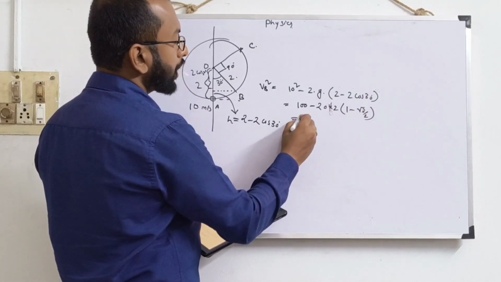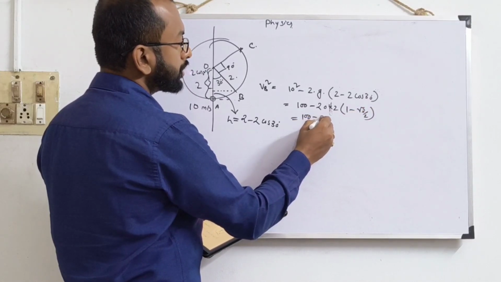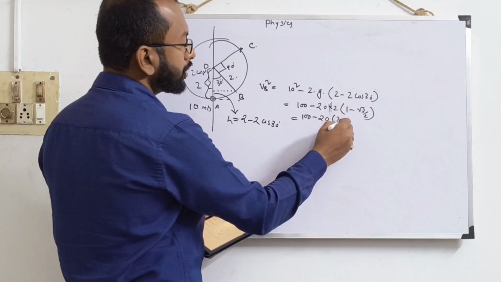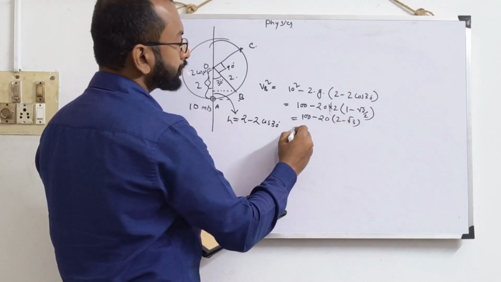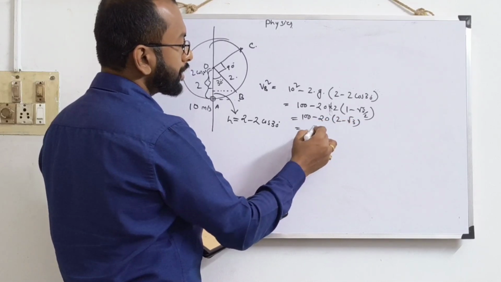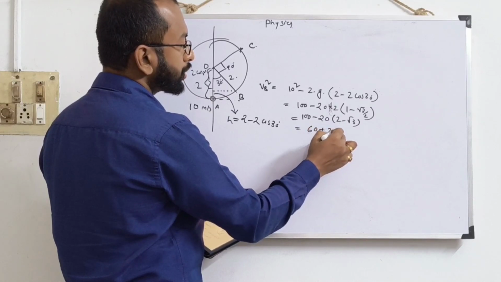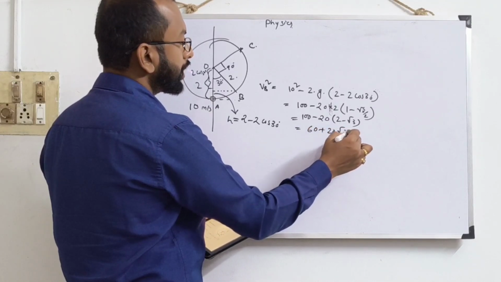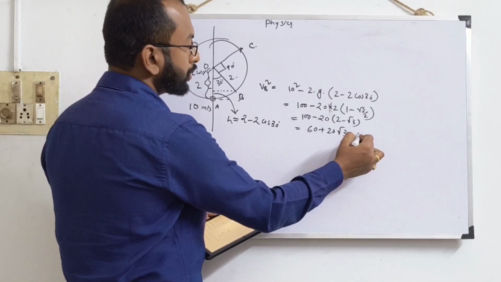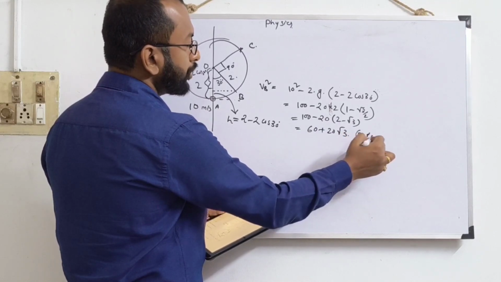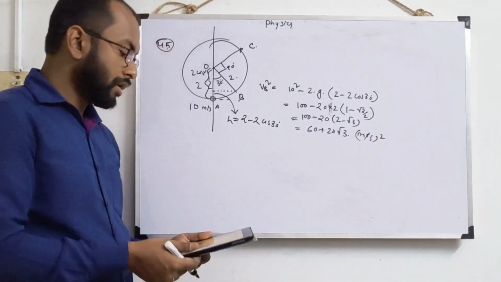Okay, we should not have taken the 2 common, it would be cancelled out anyway. 2 minus root 3. So 100 minus 40, that is 60, plus 20 root 3, that is the velocity square. So its unit will be meter per second square.